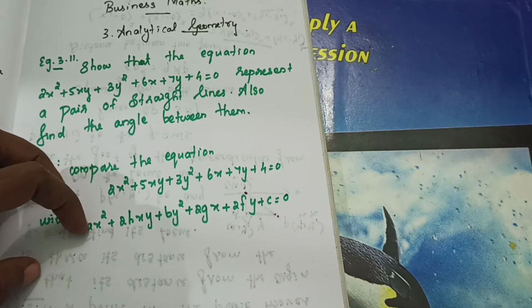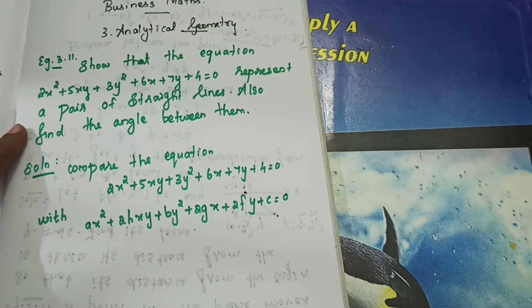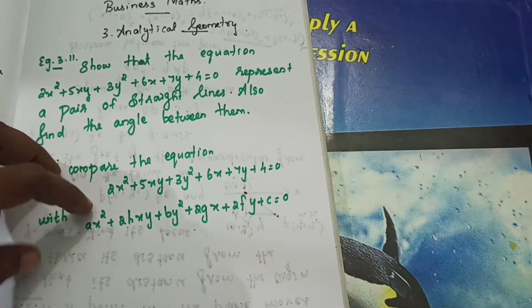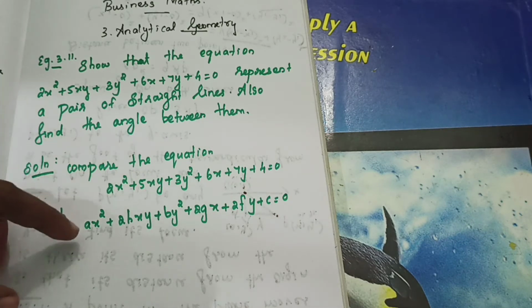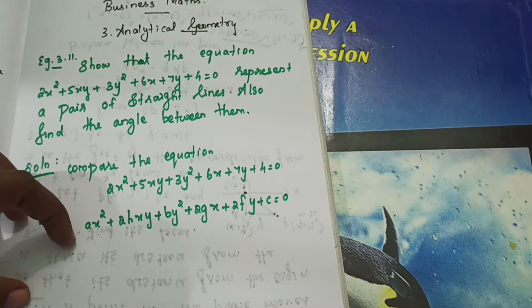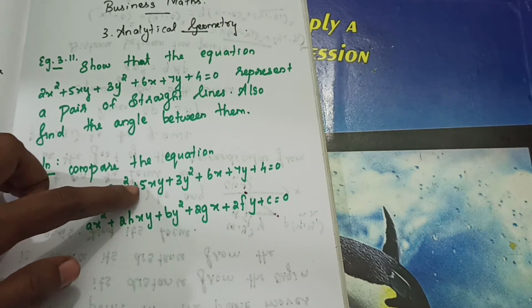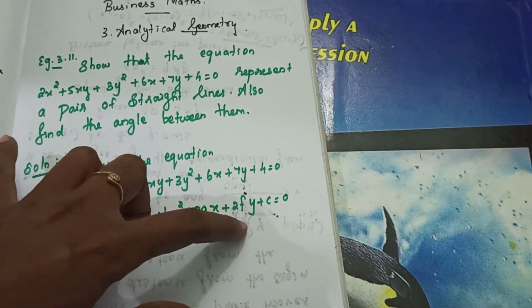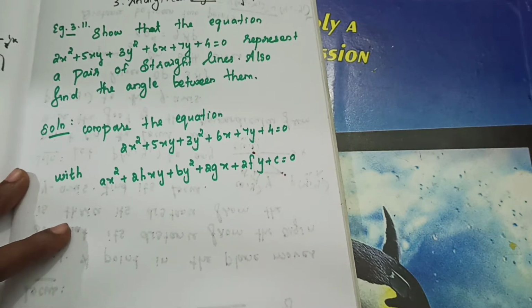How will we compare? We can find all the values from here. So in the place of a, what's there? a equal to 2, is it right? So in the place of h, what's there? 2h, is it right? So 2h is equal to 5, b is equal to 3, 2g equal to 6, 2f equal to 7, c equal to 4. From that, if we are equating, we will get all the values.